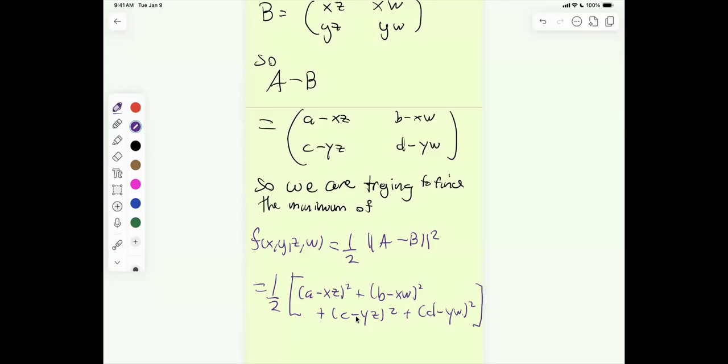But okay, I don't know if you can see our function friend from before. If you look at one of these terms, our function was 1 minus x times y squared.